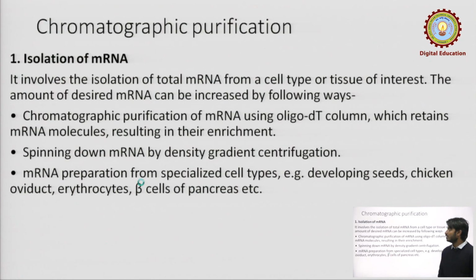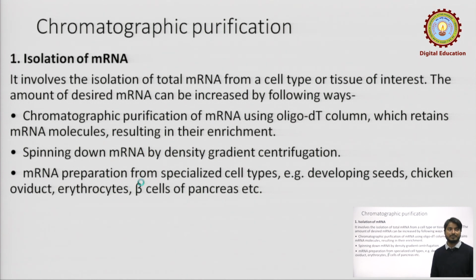First of all, we have to isolate the messenger RNA, and for that we require chromatographic purification. It involves the isolation of total messenger RNA from a cell type or a tissue of interest. The amount of desired messenger RNA can be increased by the following steps.